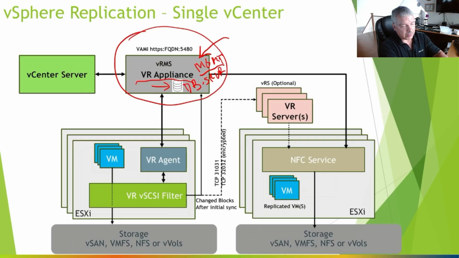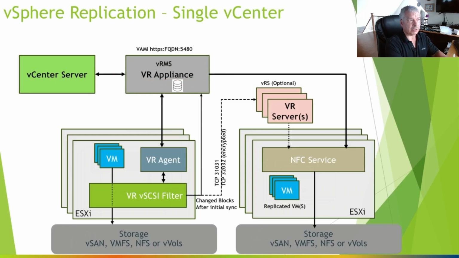Now, one of the things you'll see with vSphere replication, especially version 9 now, it supports up to 4,000 VMs. Actually, 5,000 VMs if you're using Site Recovery Manager, if I remember. Sorry, it supports up to 4,000 VMs in total. Okay, let's just stick with that number for now.